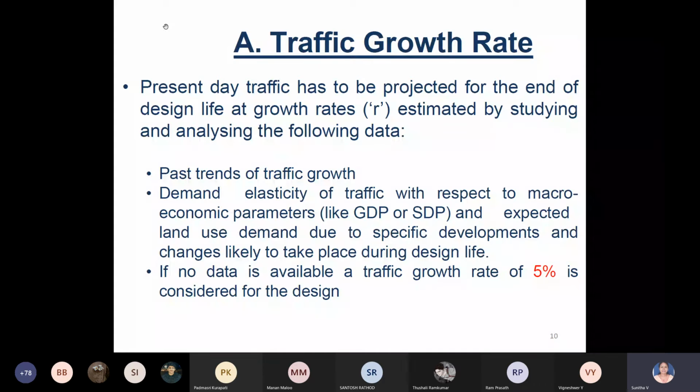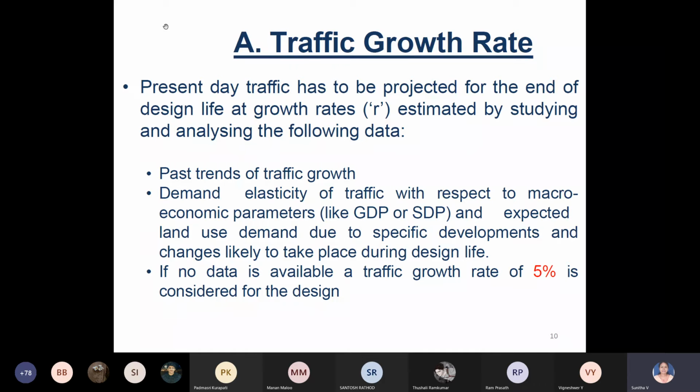So either the traffic growth rate can be based on the past trends, if you know the data. Otherwise, it can be based on the GDP or SDP, either of the country or of that particular state. Or another option: you know how the industry is progressing and what the development is, so proportionately you can take the traffic growth like that, some other mapping.